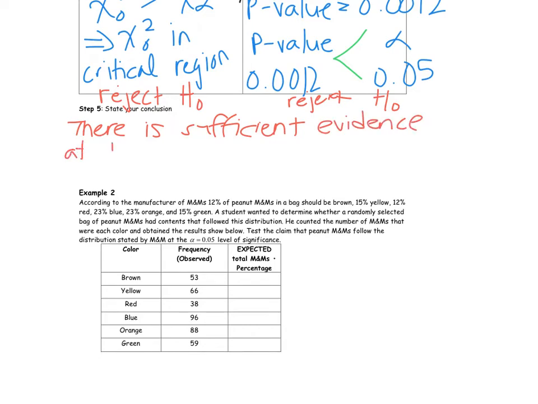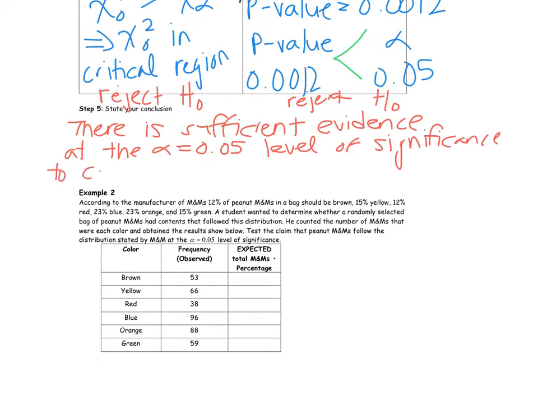At the alpha equals 0.05 level of significance, to conclude, and then always the alternative. And the alternative was that the consumers show a preference.